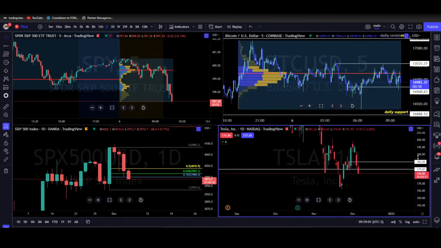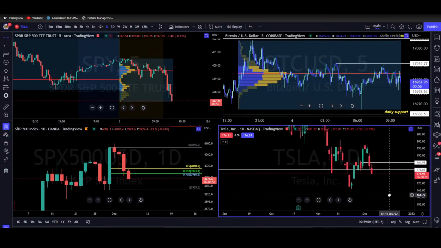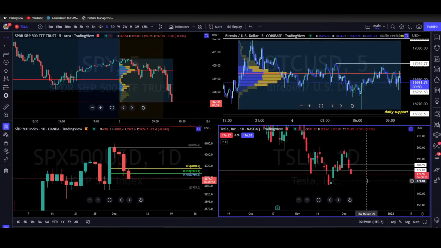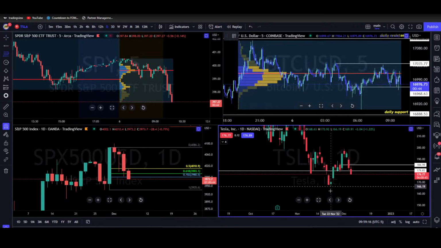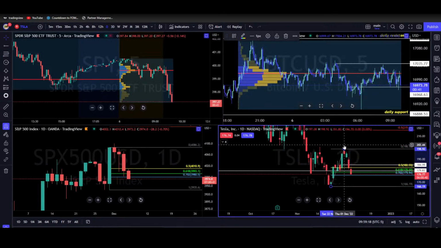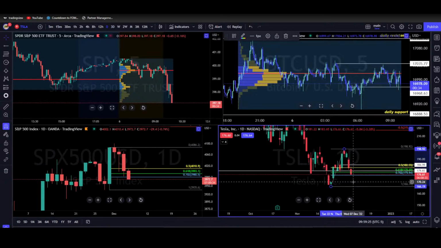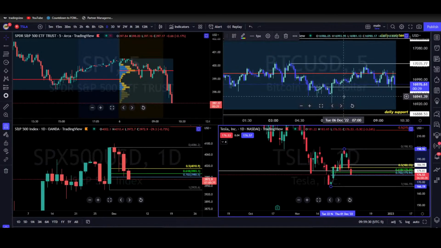Yeah, Tesla's under the levels we wanted to see it get under. And Tesla is on the lows too. It doesn't look completely terrible yet, but you're getting about as low as I would want to see it. So the SPY's not really looking like it's a buy just yet.